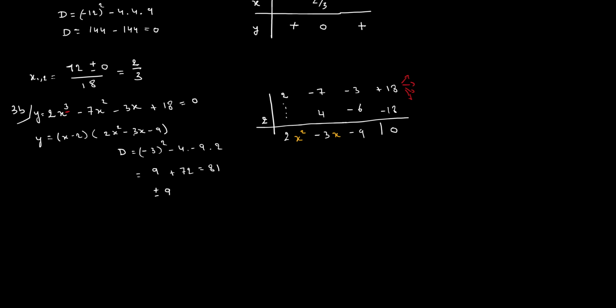Let's look for our value of b, which is negative 3. So the negative b is going to give you 3 over 4, giving you a couple of roots, which gives you here 12 over 4, so that's 3, or minus 6 over 4, or you could rewrite it as minus 3 over 2.